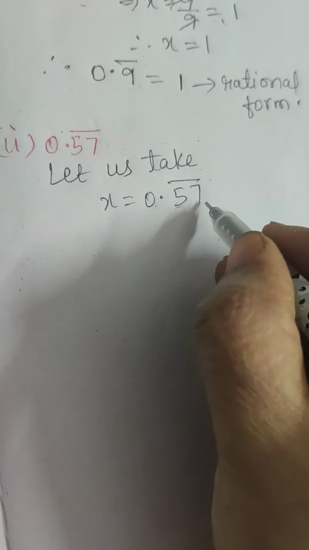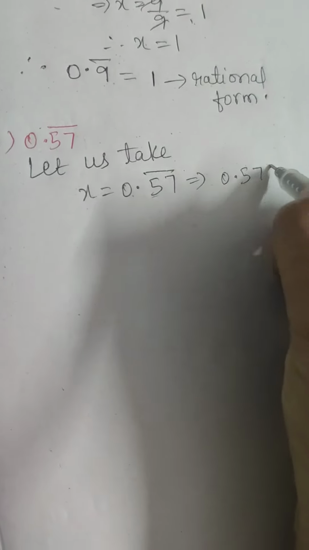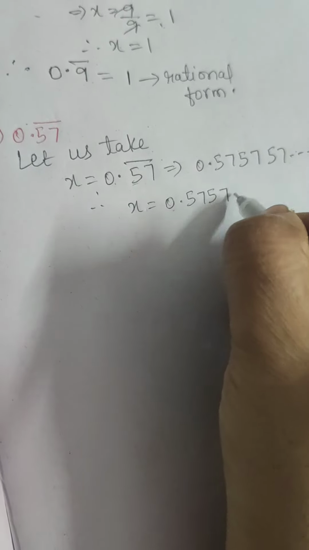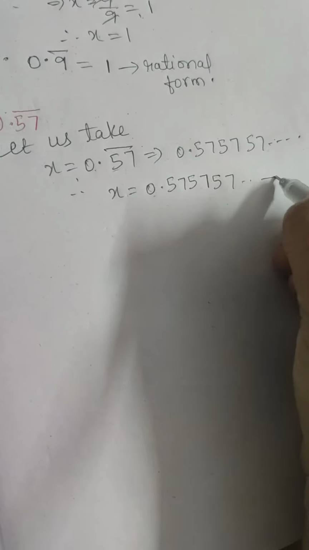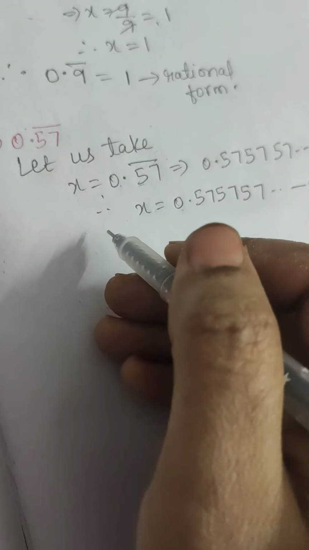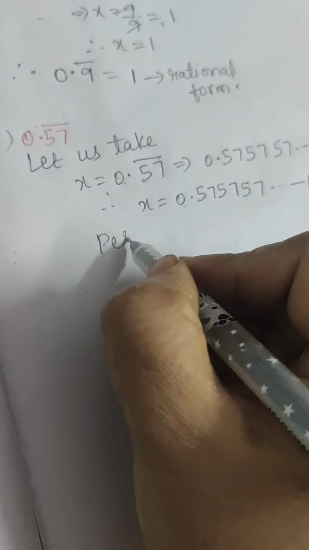Now 57 is repeating. This means 0.57, 57, 57 and so on. Therefore, x is equal to 0.575757 and so on. Let us take this as equation 1. Similarly, we should know what is the periodicity.